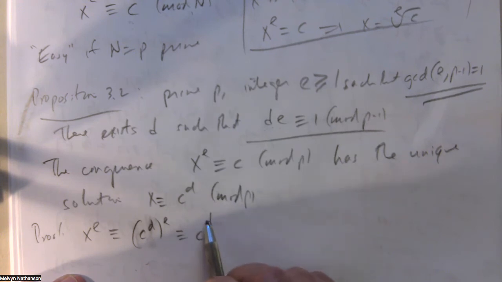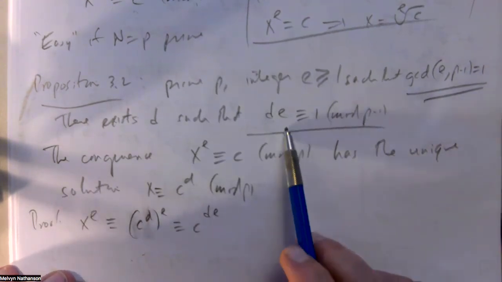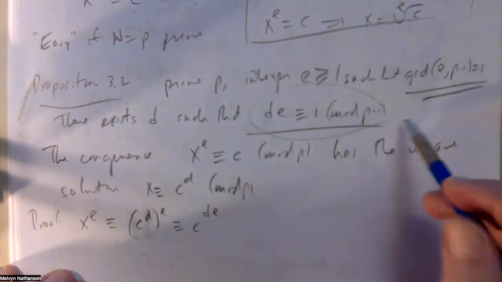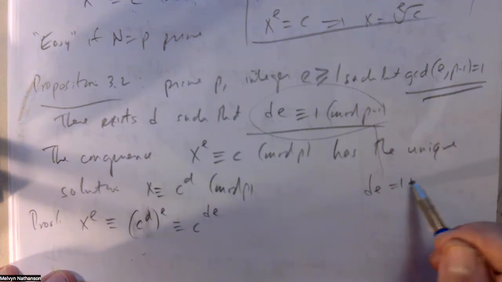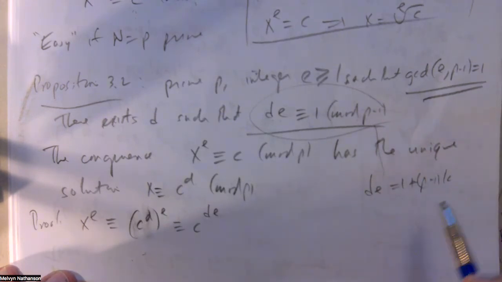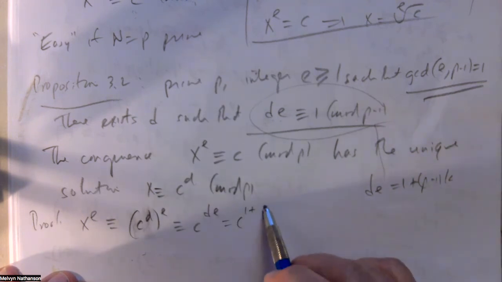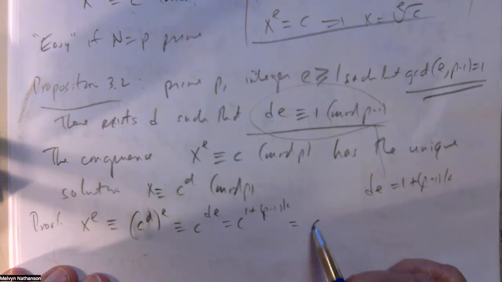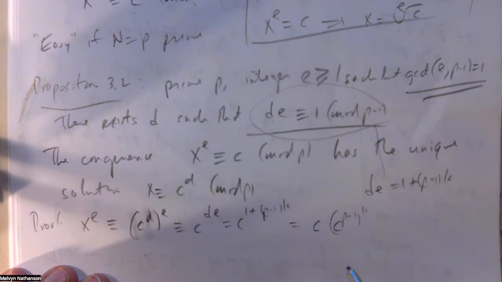That's c to the power de by just the rules of exponents. de is 1 mod p minus 1. This says that de is 1 plus p minus 1 times some number k. So this is c to the 1 plus p minus 1 times k, which is c times c to the p minus 1 to the k.